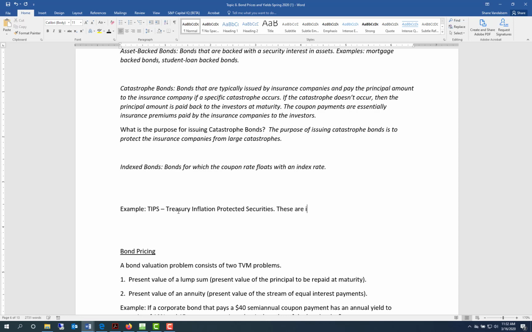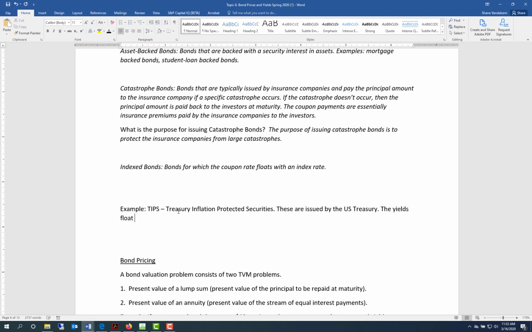These are issued by the U.S. Treasury. The yields on these bonds float with the rate of inflation plus a small premium.